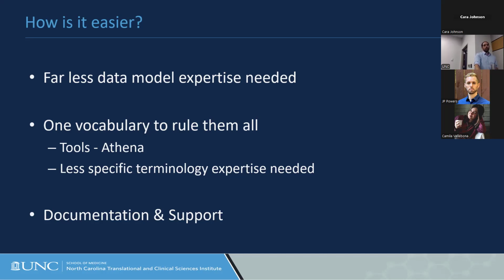And then documentation and support is another really big area. I'll show you some more examples of this, but for many of you that have engaged with EHR data and worked on getting CDWH data or Clarity data, the common question is, well, I don't know what data I need. Can you just give me the data dictionary and I'll pick it? And as probably everyone knows, that's just not possible. It doesn't exist. In OMOP, there are data dictionaries and there is a large amount of documentation. This is a pretty huge benefit.